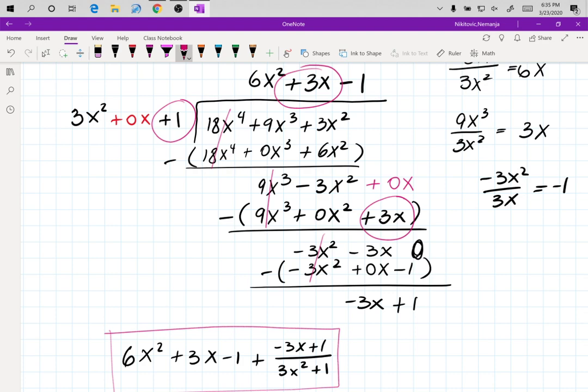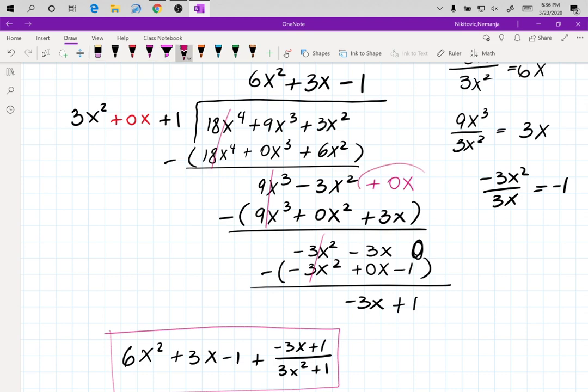So 0x minus 3x is negative 3x. So I have negative 3x there. And then negative 3x, right? Negative 3x minus 0 later is still negative 3x. I hope that made sense.